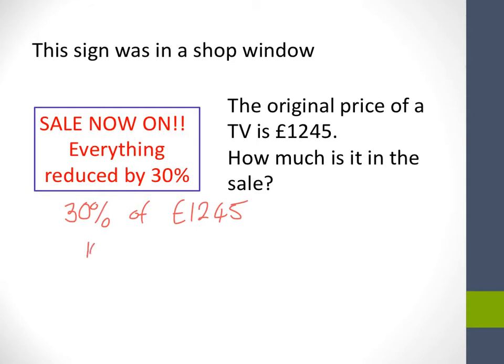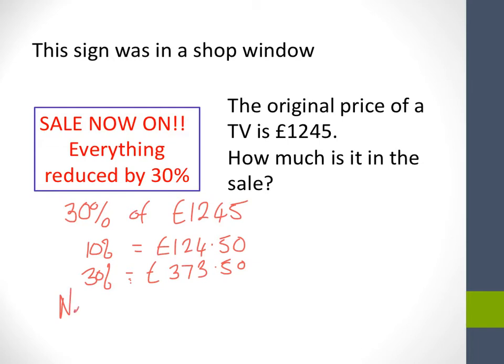Now, we know that 10%, divide that by 10, is going to be £124.50. So 30% is going to be 3 times that, which will give me £373.50. So it's been reduced by £373.50.